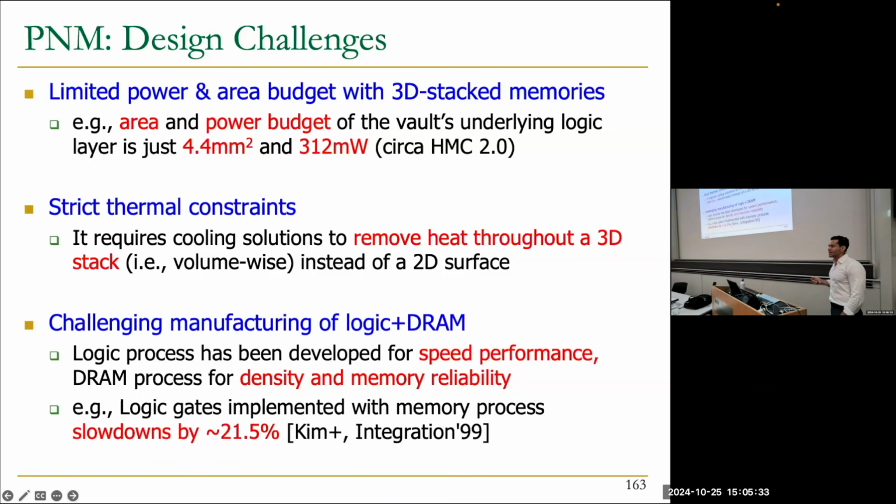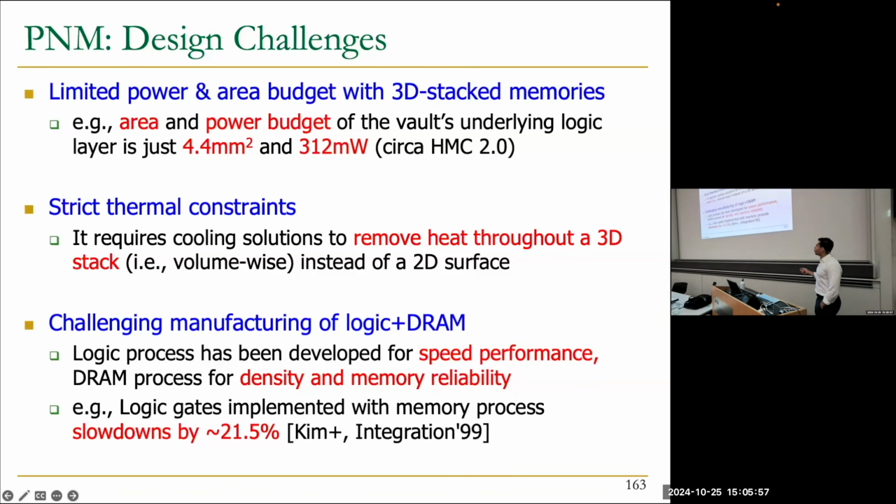Logic has been heavily optimized for speed, whereas DRAM has been heavily optimized for density. And if you try to implement logic using the DRAM manufacturing process, it's not that you cannot, but since the process was not designed for that, you end up with logic that is slower than if you manufactured that same logic using the correct CMOS manufacturing process.